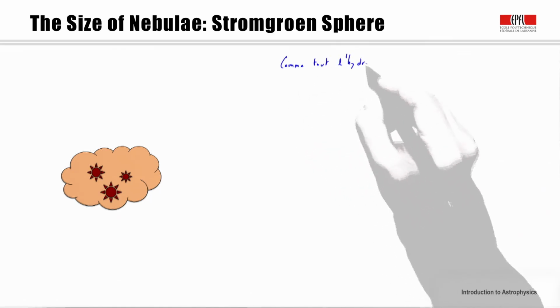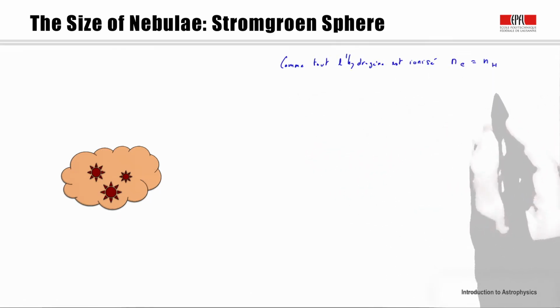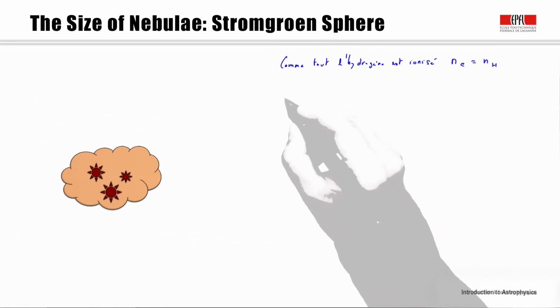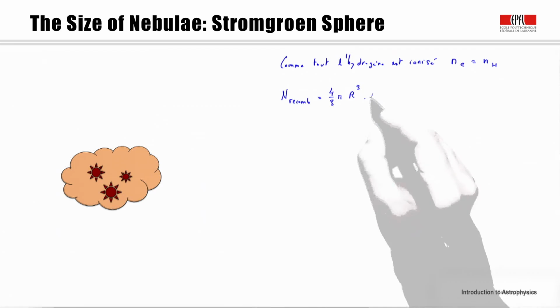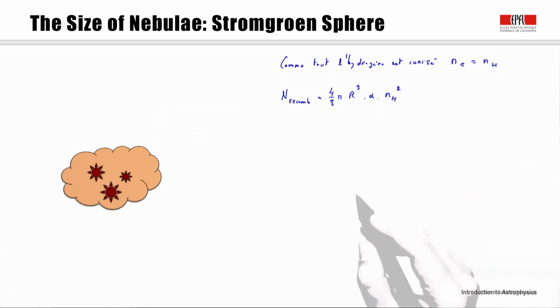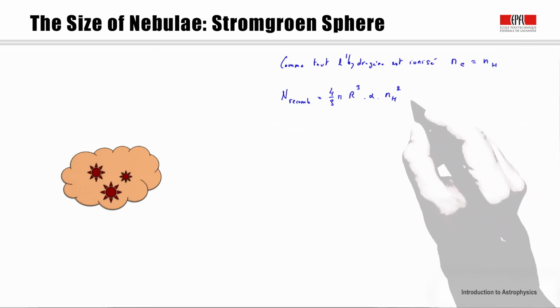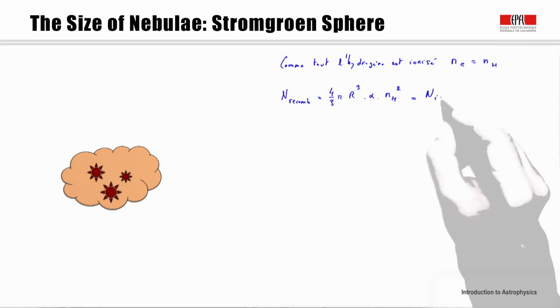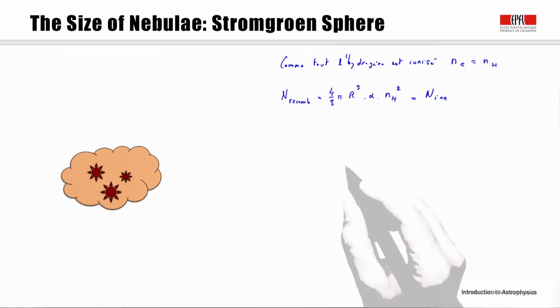Now, we assume that all the hydrogen is ionized, and so Ne equals Nh, and there is the same number of electrons and protons. This implies that the equation for the recombination ratio can be rewritten as a function of the hydrogen atom density, and it is equal to the photon flux, carrying an energy at least sufficient to ionize the atoms.